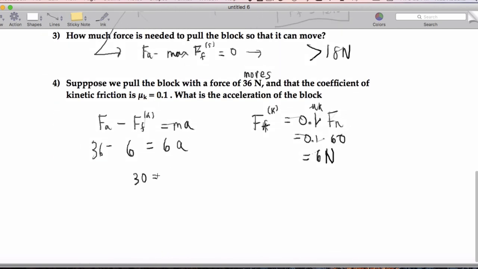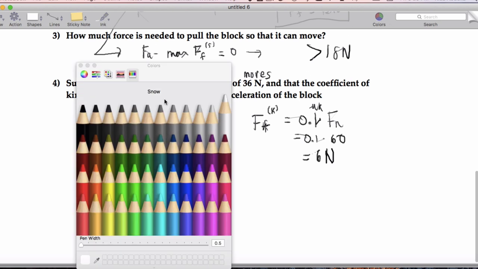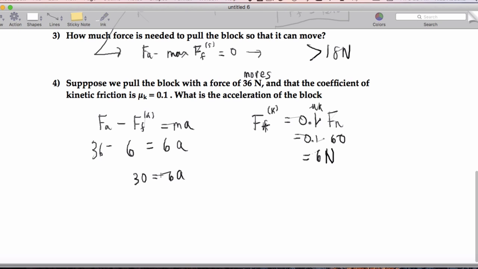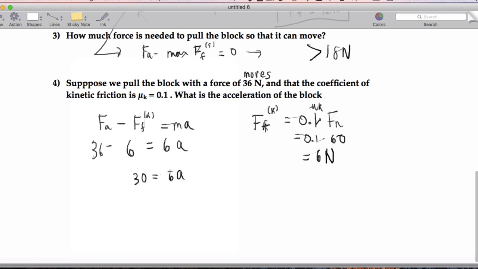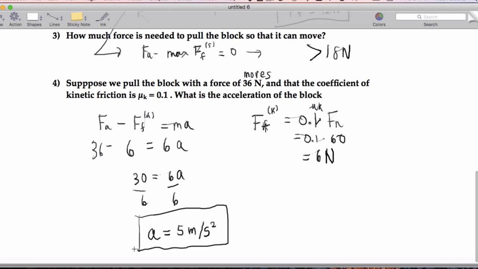So 30 is 6 times a, and our acceleration works out to be 5 meters per second squared. All right, so that's page 0.